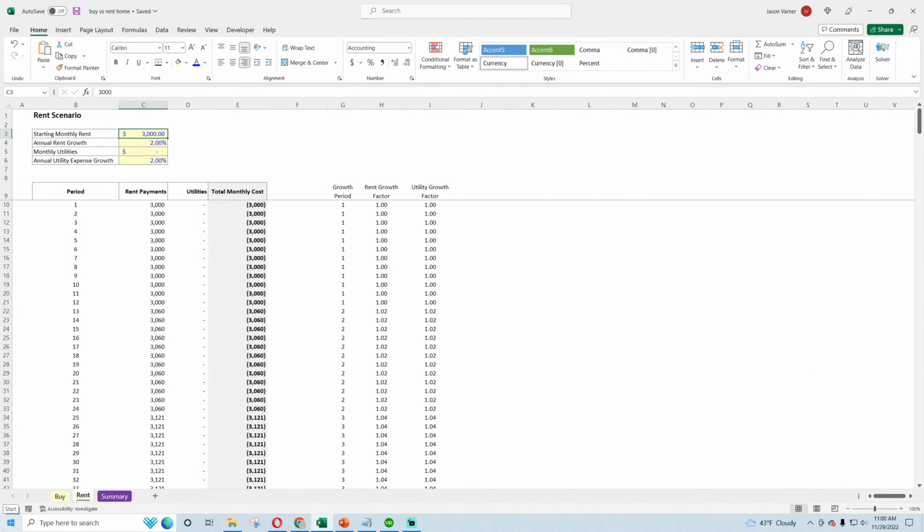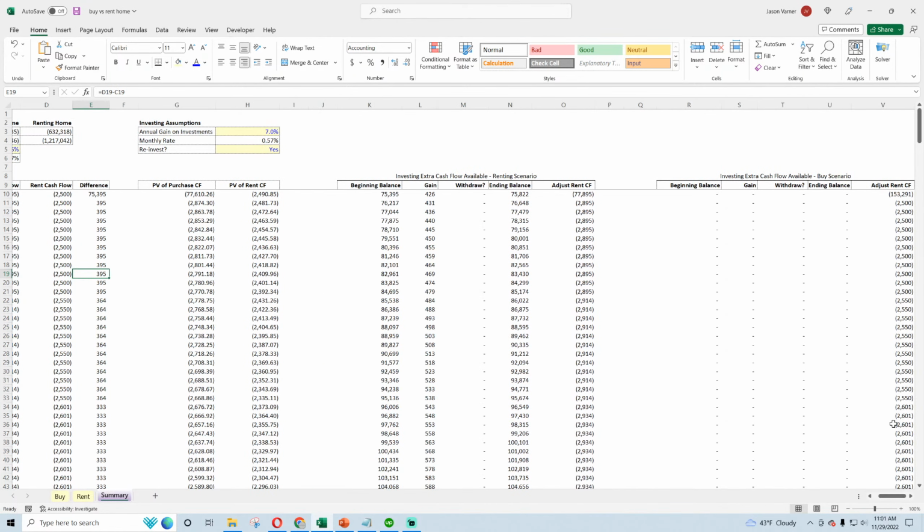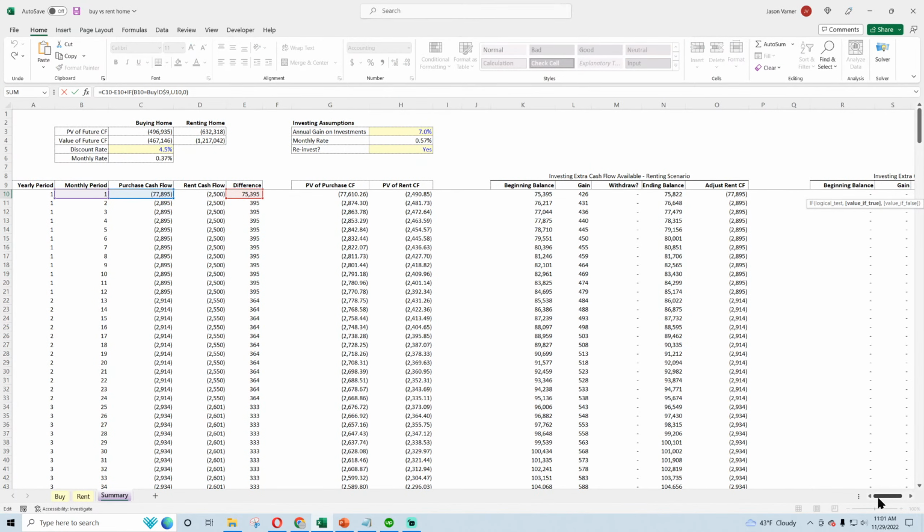Now, if we were to say, I want a scenario where it goes both ways. 2,500. So here now we're saying, look, our adjusted cash flow for the buy scenario is actually the same. So why is this doubling? Okay, hold on. So C purchase cash flow minus the difference.